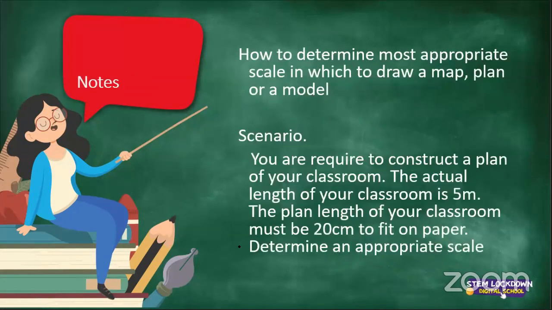Okay, now the next question of this lesson is I want to show you how to actually determine the scale, how to design your own scale, how to make your own ratio scale, written in this format. Here's a scenario. You are required to construct a plan of your classroom.